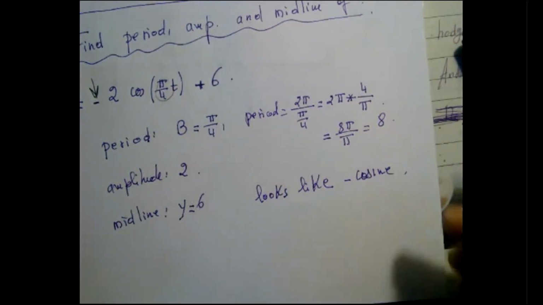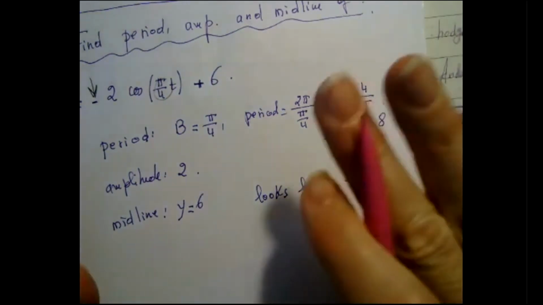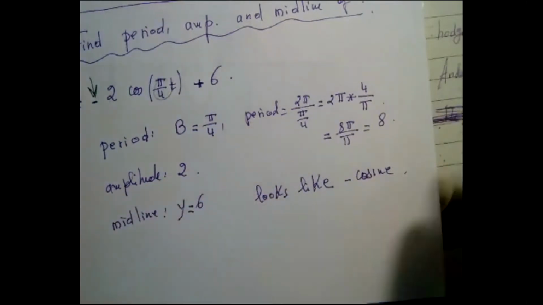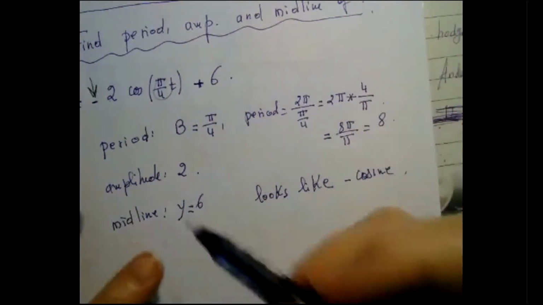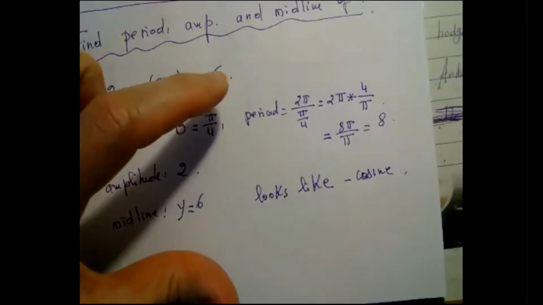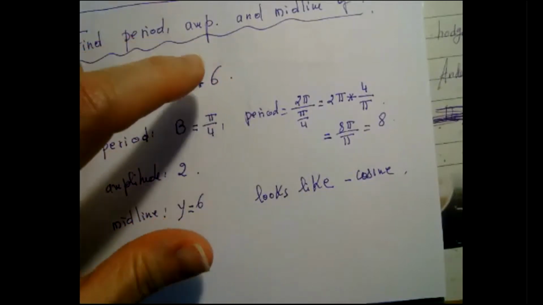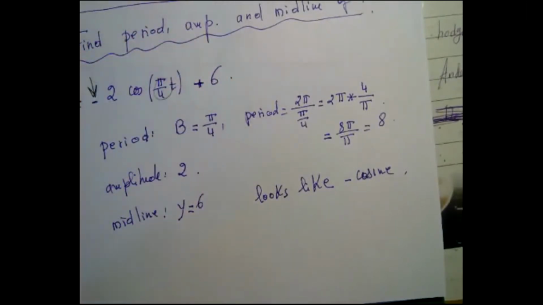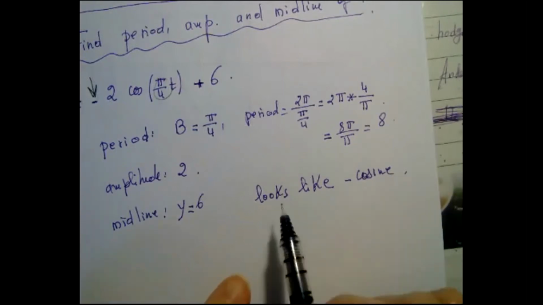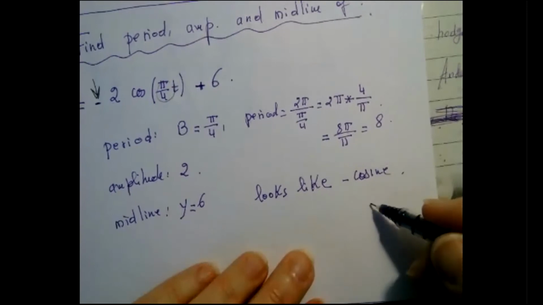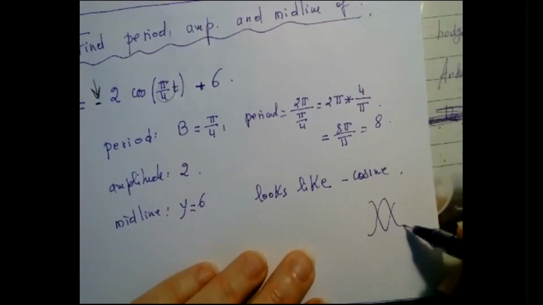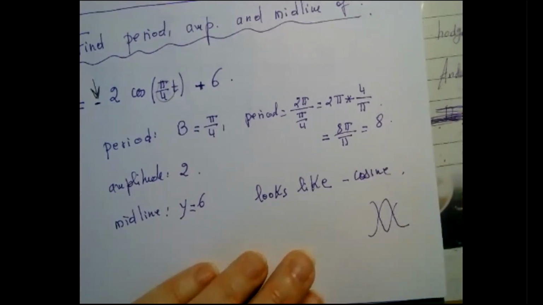But when figuring out the amplitude, the minus doesn't matter, because the amplitude is a distance, and a distance is a positive number. The amplitude is positive, but the graph would look like minus 2 cosine. So it's going to start from the minimum.